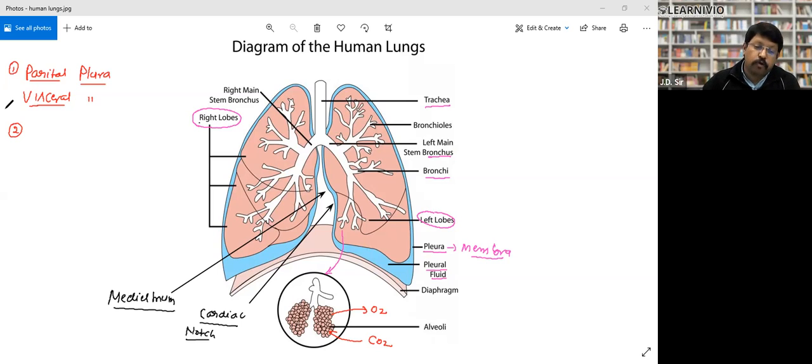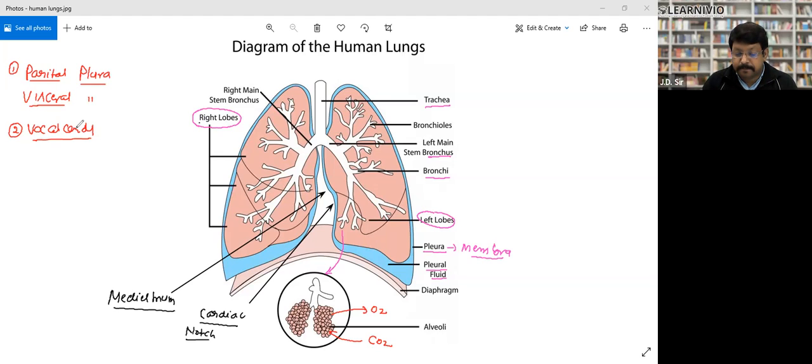Next point, vocal cord. Inside the larynx, there are present the vocal cords.